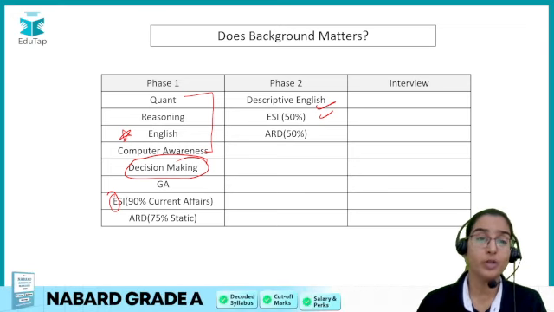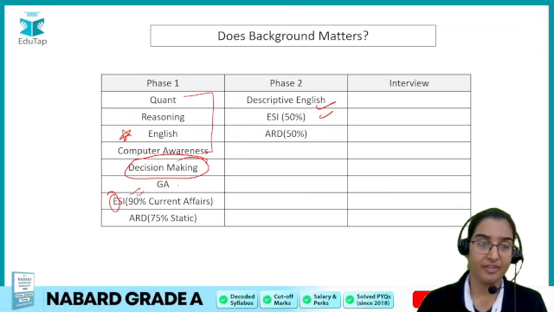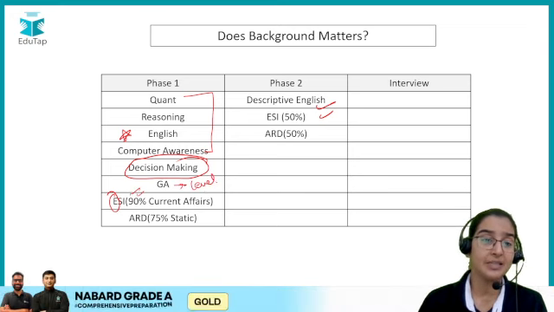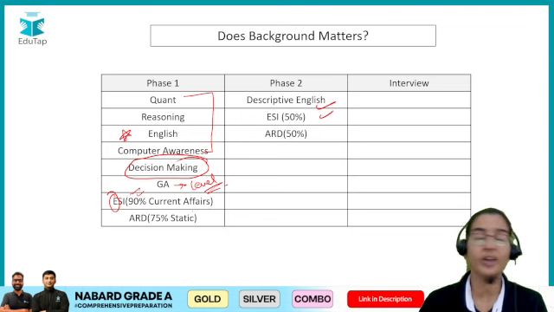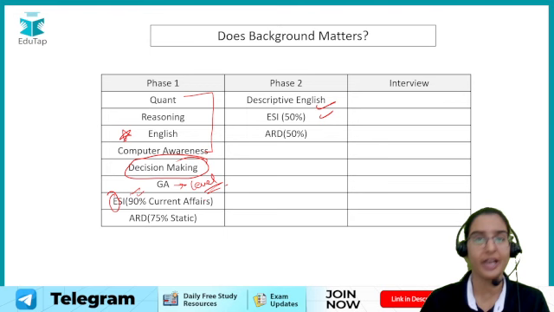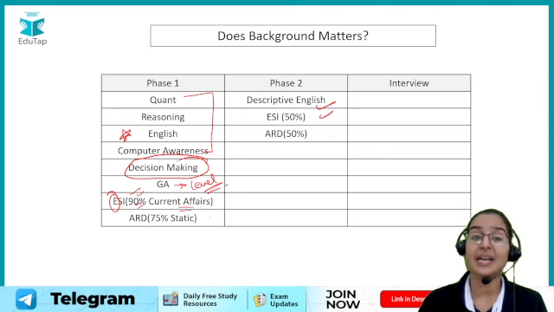Furthermore, if I talk about the economics background students, then in the ESI, 90% is current affairs, and GA makes things a level playing field for everyone because it is the same for everyone and nobody has a background in GA. GA is new for everybody. Coming to ESI, again, 90% of the ESI is current affairs only.